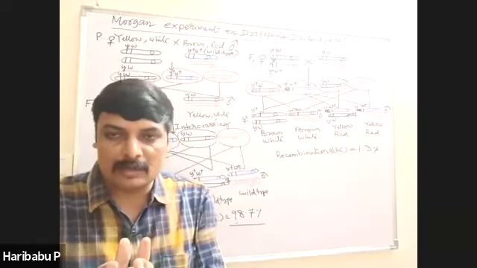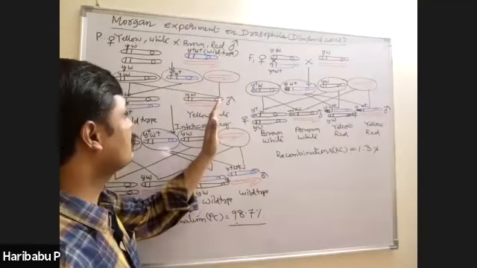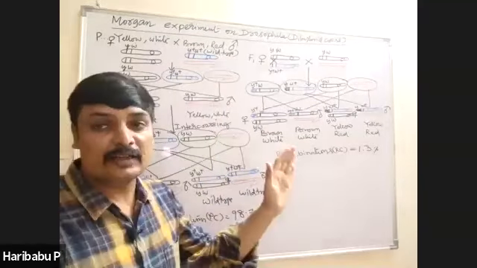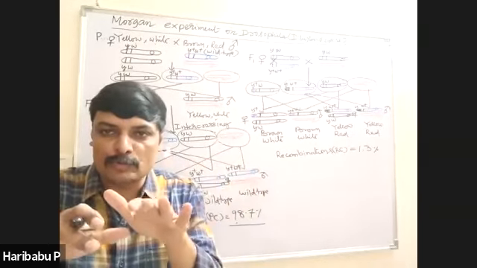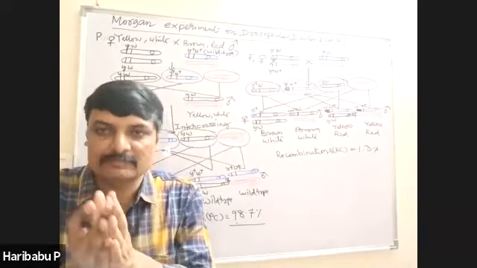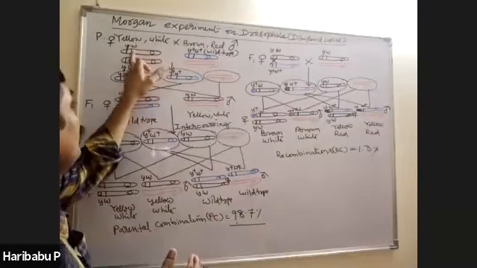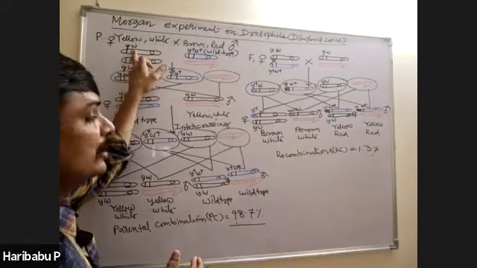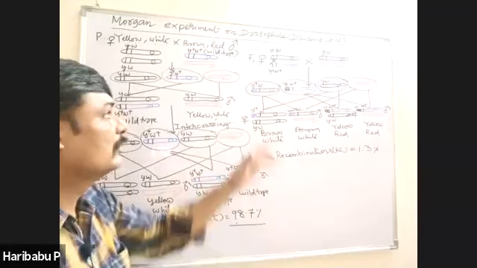Immediately Morgan thought that the genes for these characters are present tightly on the same chromosome. That means the Y and W genes are closely linked, closely placed on the same chromosome.